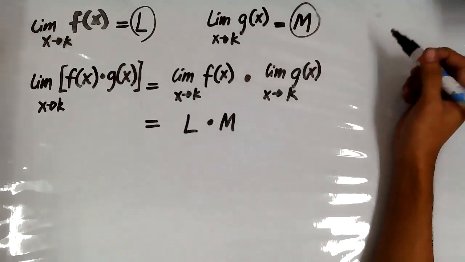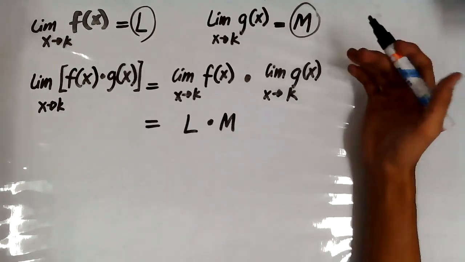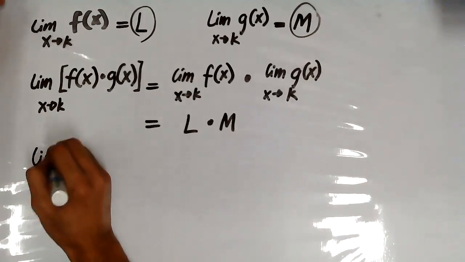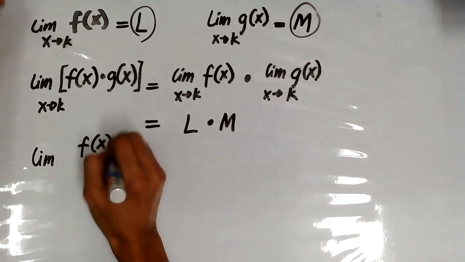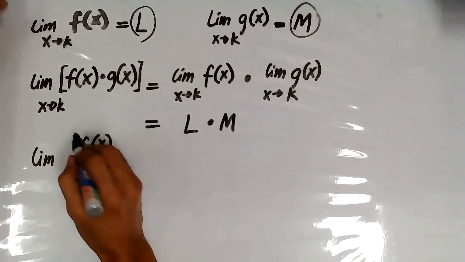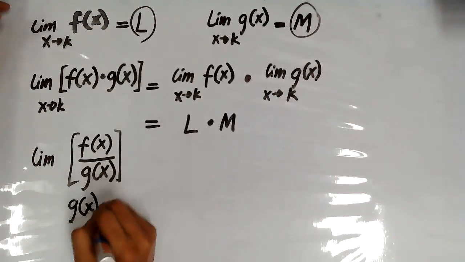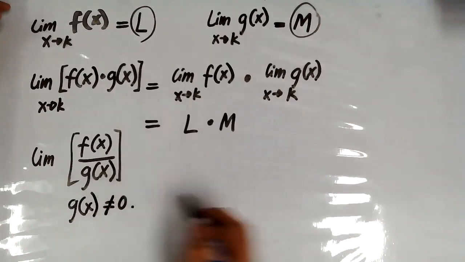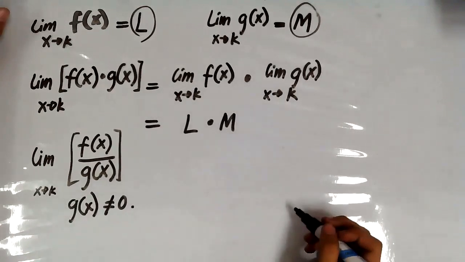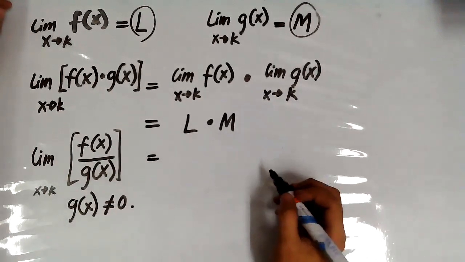All right. So how about if you are going to get the limit of the quotient of these two functions? All right. So let's say the quotient, the limit of your f of x over g of x. All right. So make sure here that your g of x is not equal to 0, as your x approaches the value k. So what will happen to this?